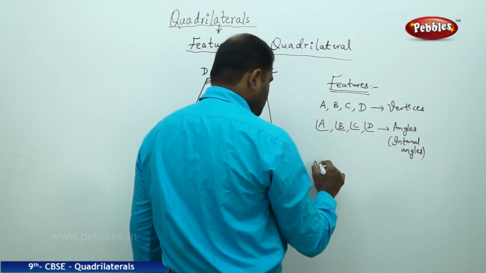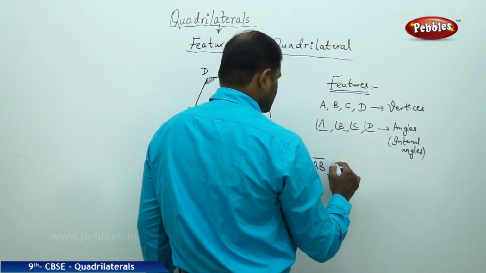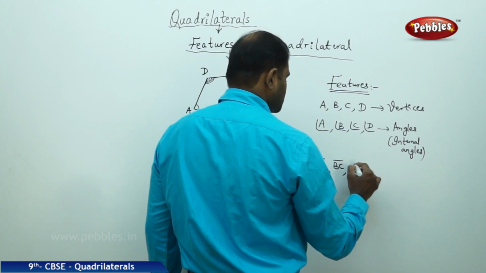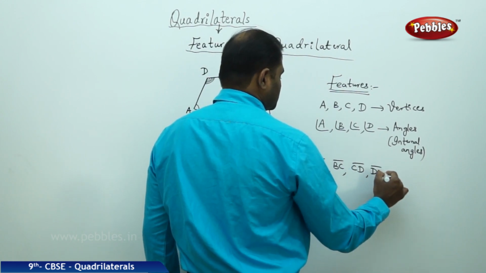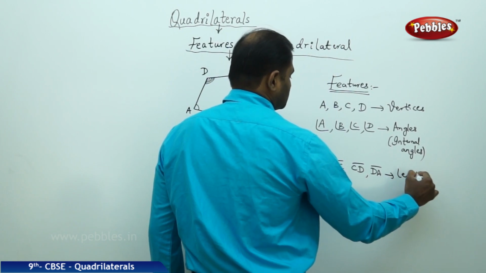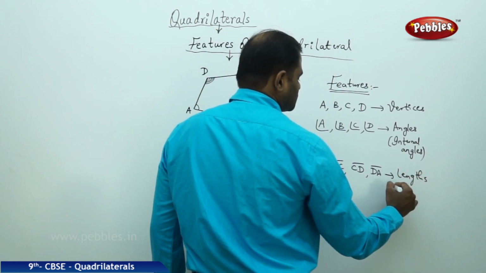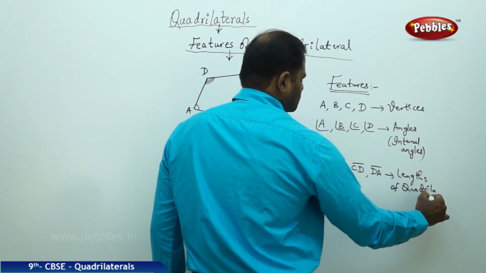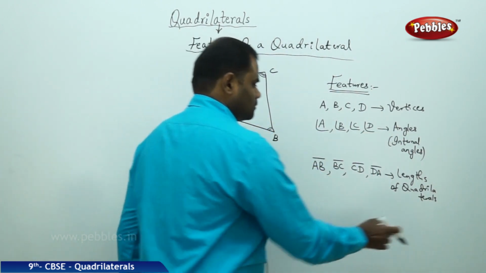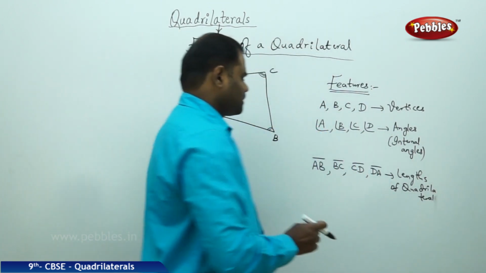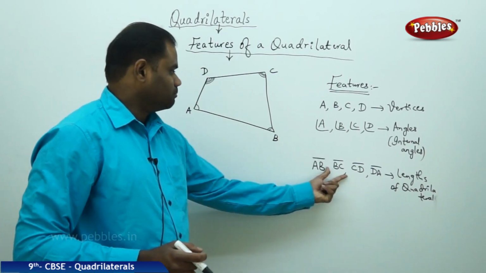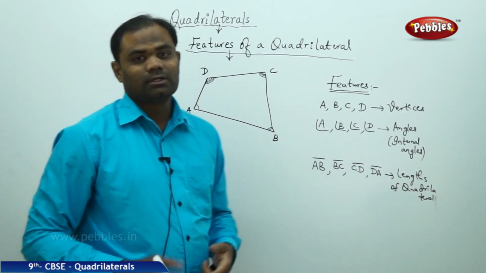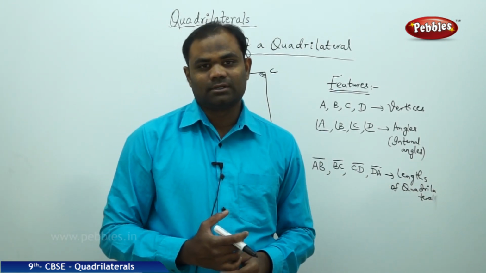The line segment AB, the line segment BC, the line segment CD and the line segment DA are called lengths of the quadrilateral. So here AB, BC, CD and DA are called the lengths of the quadrilateral.